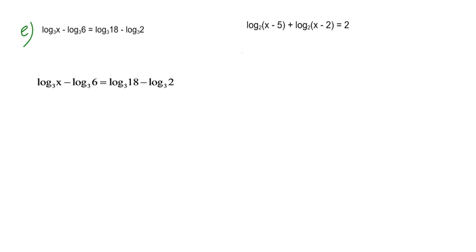Okay, question E. Log to base 3 of x minus this number is equal to that number minus that number. This is a constant value. So what we will do here is rearrange that equation so we have one logarithm with variable x on one side, everything else on the other side. So this is why you see here the change. Log x is equal now to this.